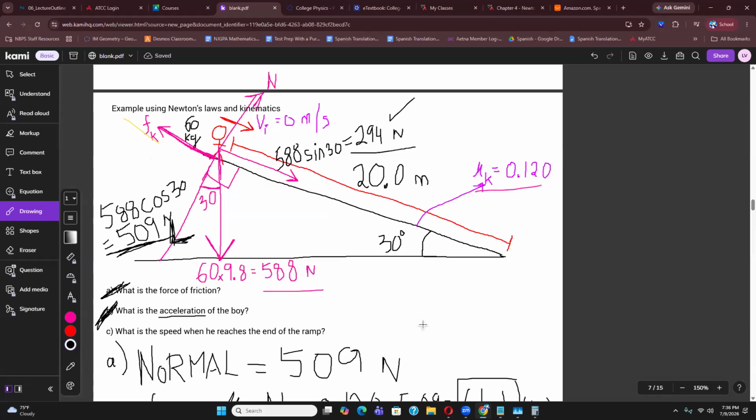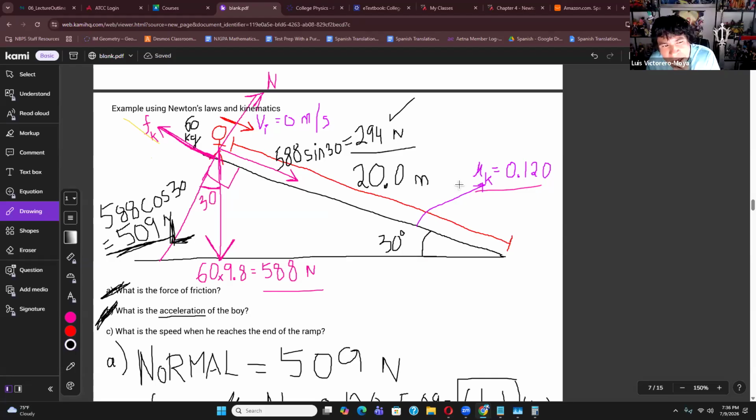When do we know when to do that? You know, the 588 cosine 30. When do we know we have to use that? When you're given friction. When you're given friction, you have to use that because that's the normal, right?